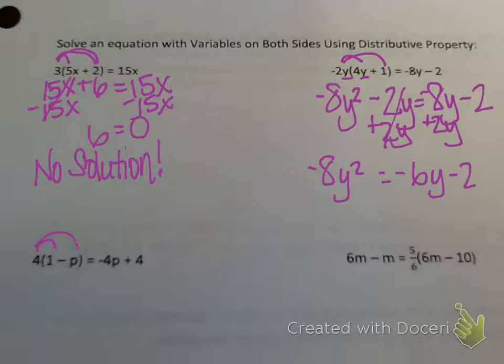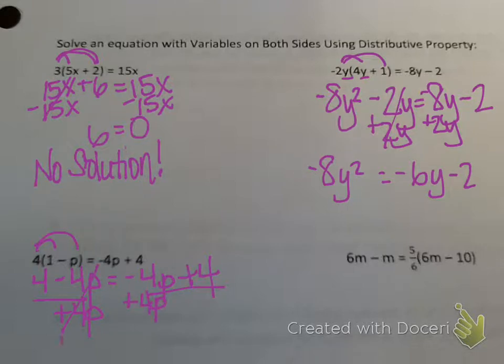Alright, so let's take a look at the next one. Distribute the 4. 4 times 1 is 4. 4 times negative p is negative 4p. And there's nothing on either side that I can combine. So I'm going to add 4p here and here.